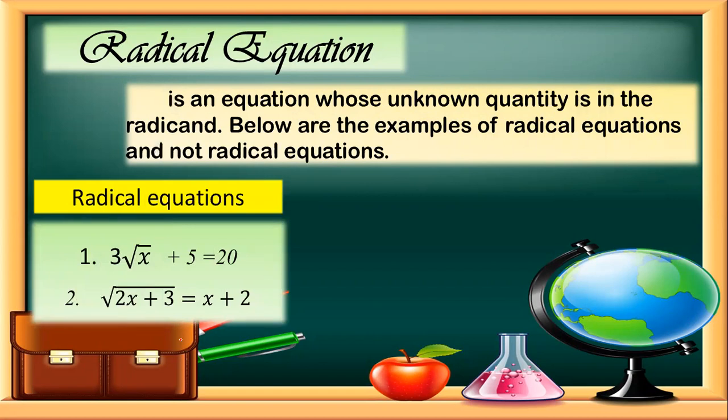Now, radical equations. Example: 3 square root of x plus 5 equals 20. This is an example of a radical equation because our variable is inside the radical symbol, and the other variable here is also inside the radical symbol.